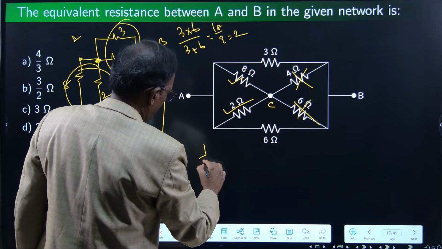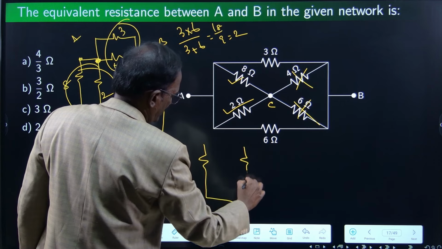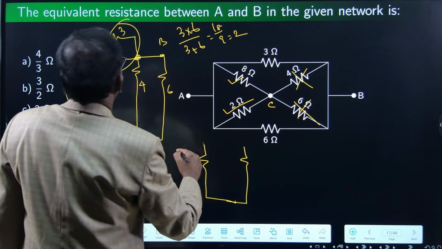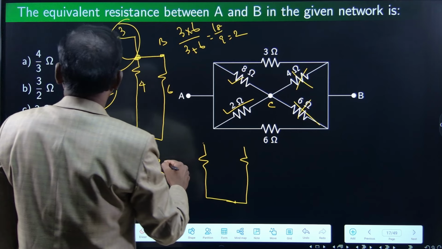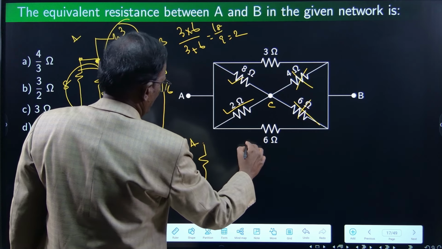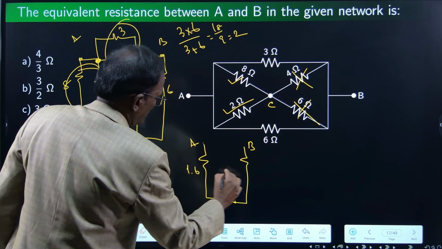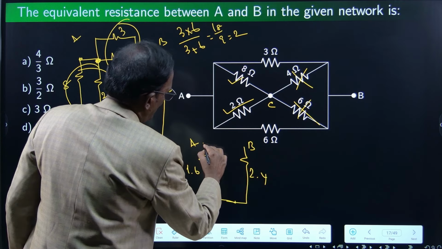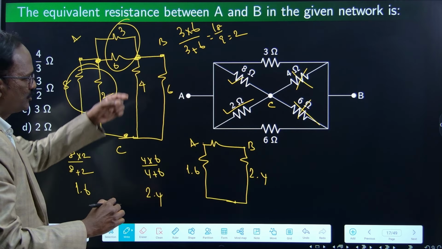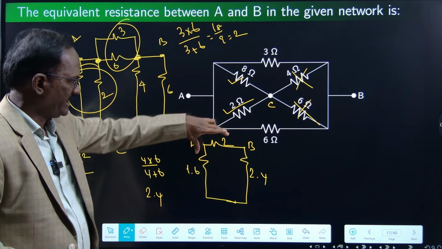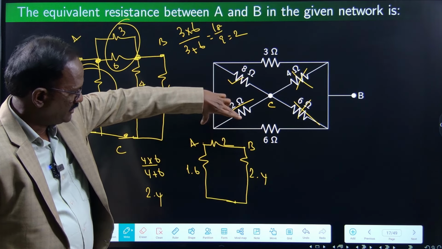Again we will redraw it. A, C and this is B. The question is between A and B only, right? So we have 1.6, 2.4 and 2.